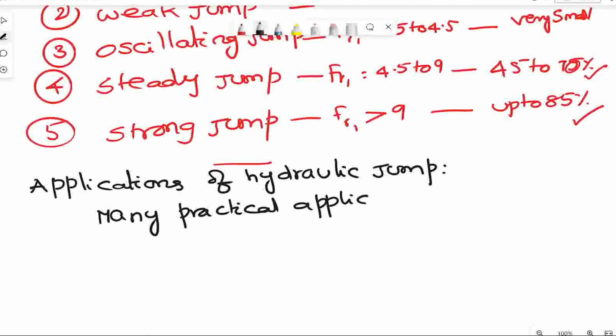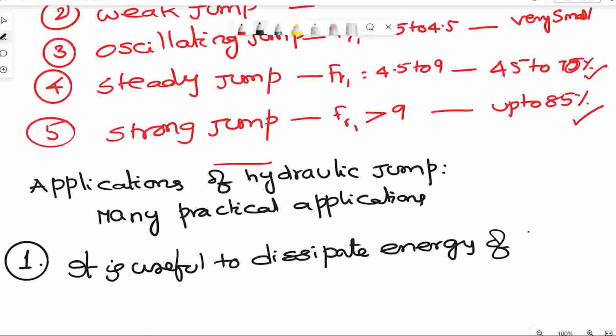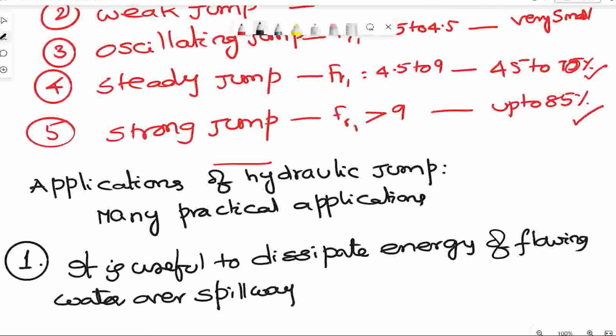I will list two, three so that you can write. Hydraulic jump is useful to dissipate energy of flowing water over spillways and other hydraulic structures.